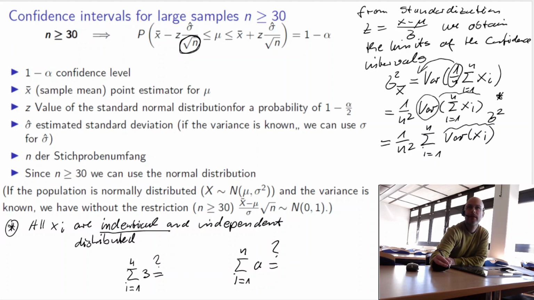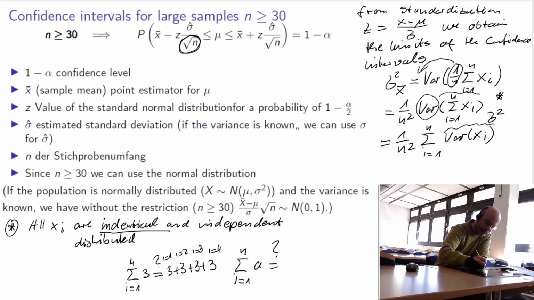So this would be 3 plus 3 plus 3 plus 3, which is 12.